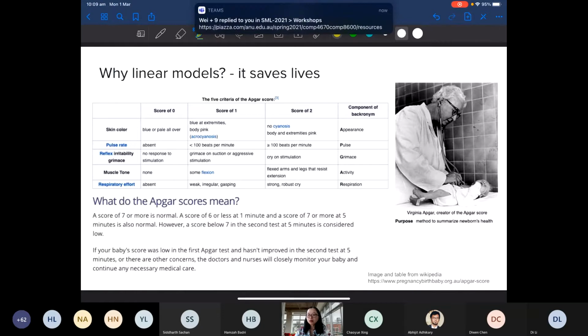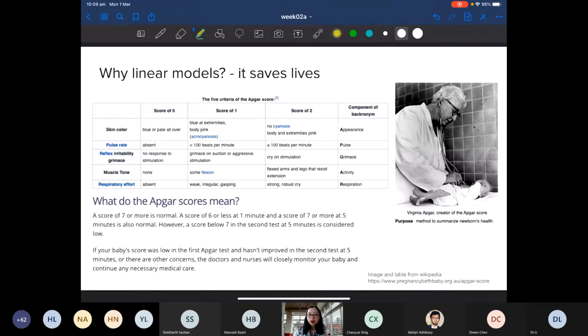So the APGAR score, designed by Virginia Apgar, a doctor in New York, is essentially a linear combination of a number of simple measurements that can be done in a snap of a second in order to assess whether a newborn baby needs intensive care or needs attention or is mostly healthy, right?